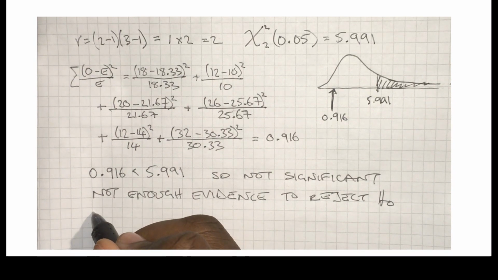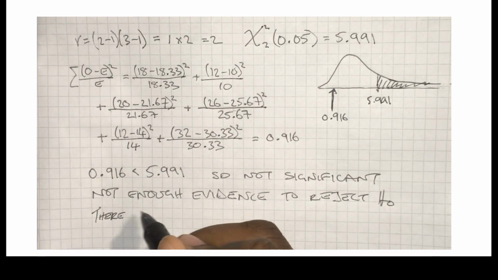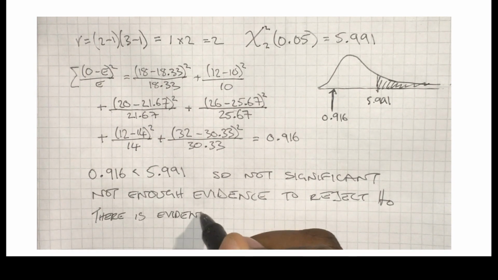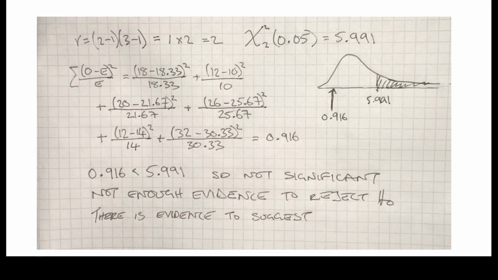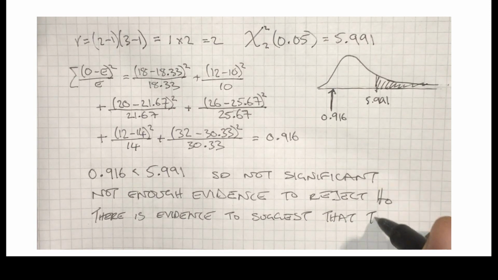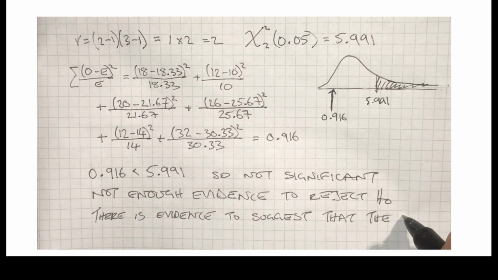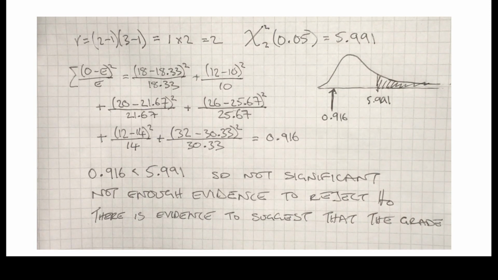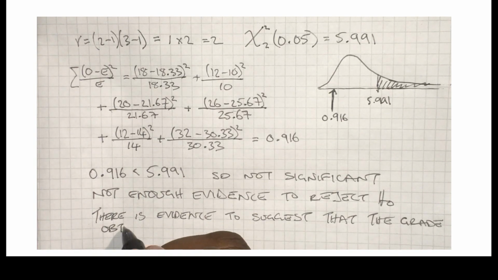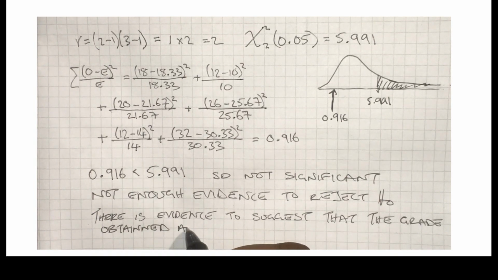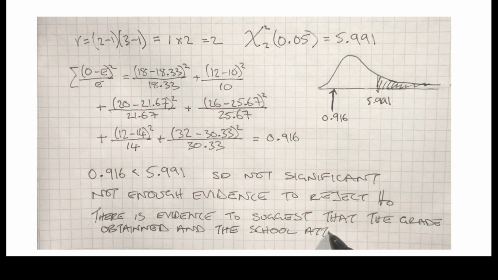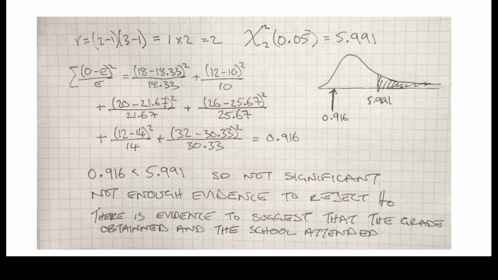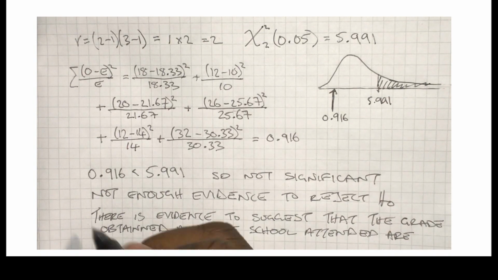Okay, so once again, hopefully there are lots of familiar things in the process of this hypothesis test, but we've obviously had a different looking data set. We've had a contingency table instead. Our null hypothesis was different, and for a contingency table, the null hypothesis will always be that the two variables, the two categories, are independent.